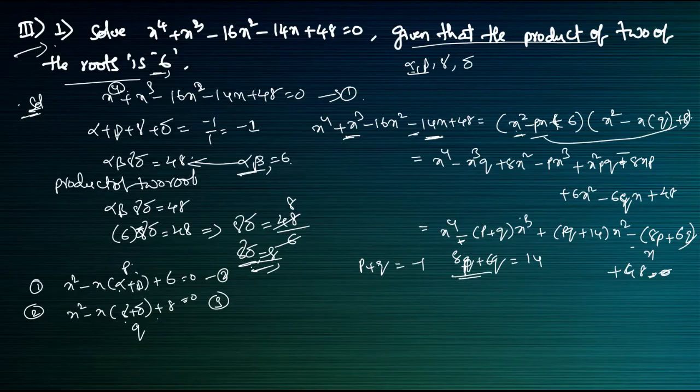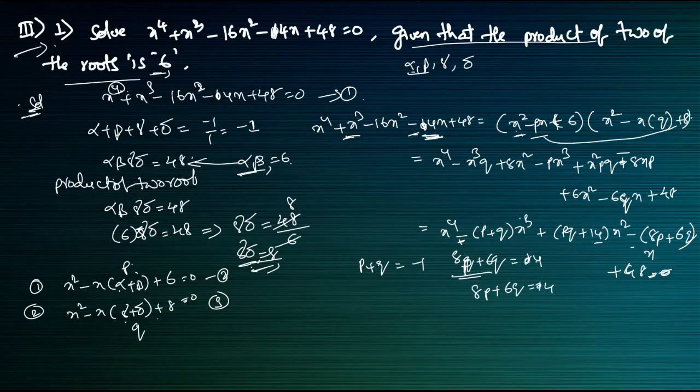So from this, 8p plus 6q is equal to 14. I'm sorry friends, this is not 14x, this is 4x only here. So it is 4.